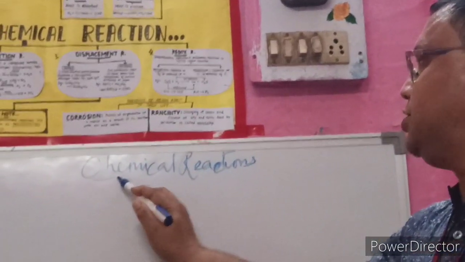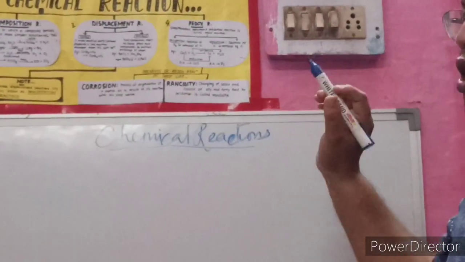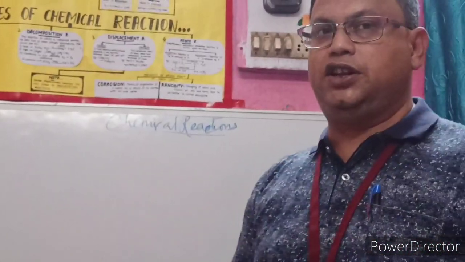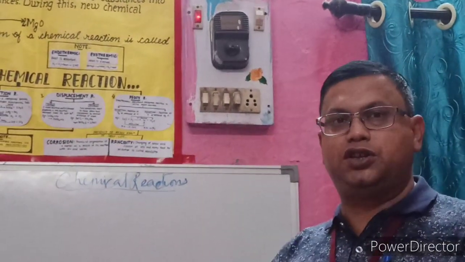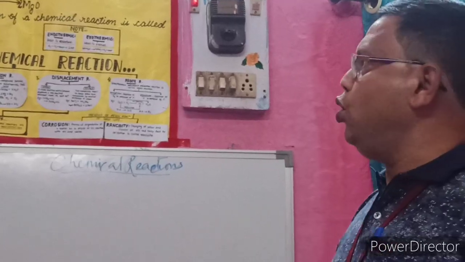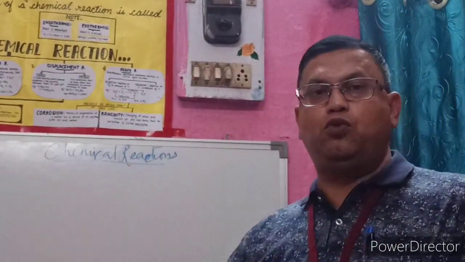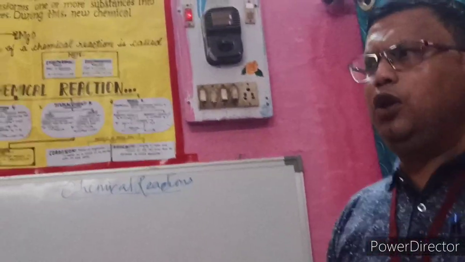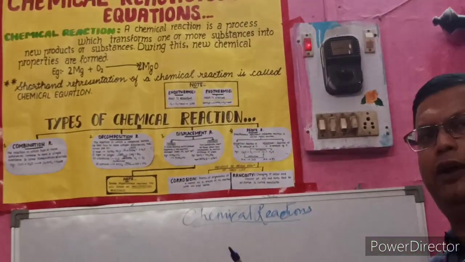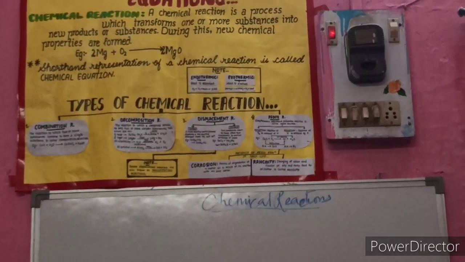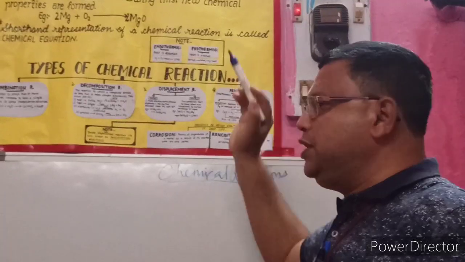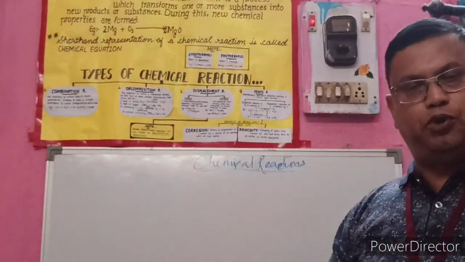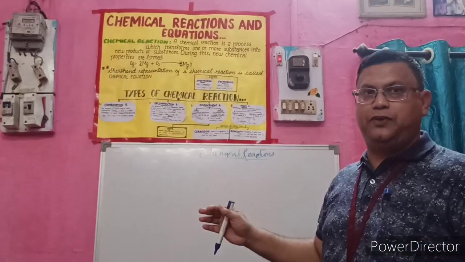The definition is: a chemical reaction is a process which transforms one or more substances into one or more new products with different properties. During this, new chemical products are formed with new properties.